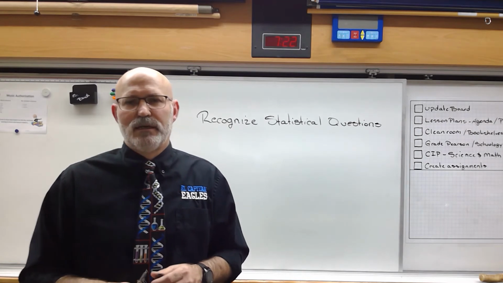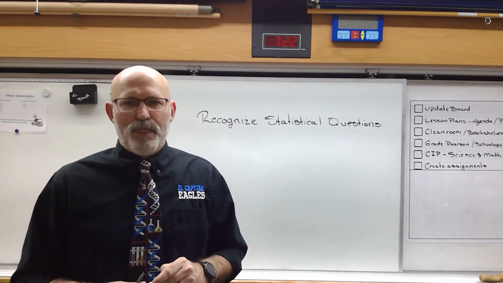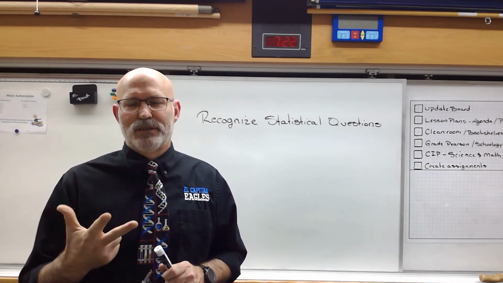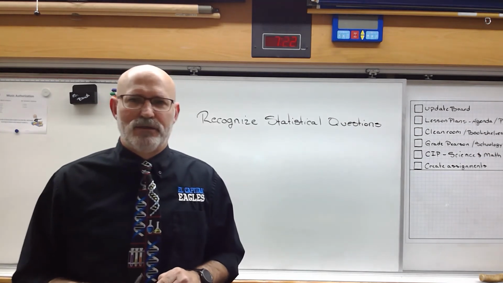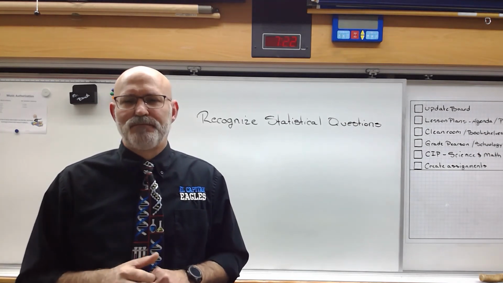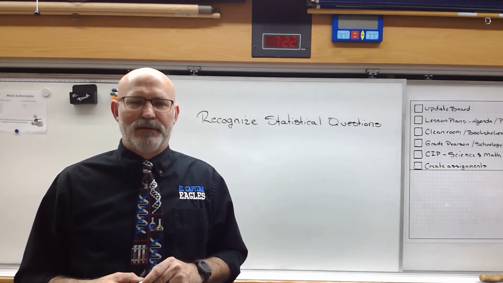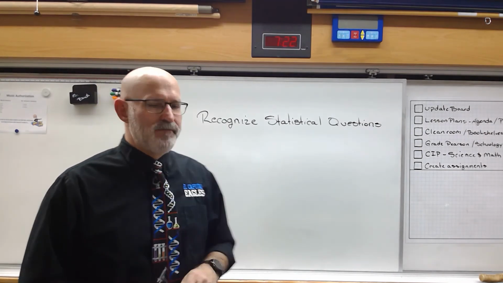It's like Mark Twain said. He said that there's three kinds of lies: there's lies, there's damned lies, and there's statistics. And so statistics can be manipulated.